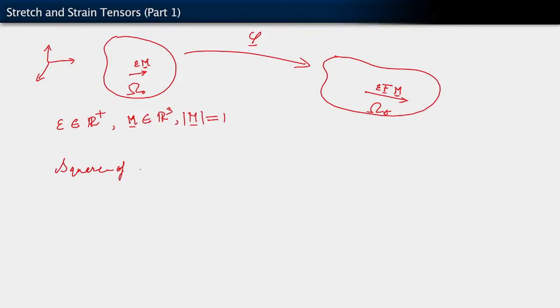We could call it the magnitude, or we could also use the term I've been using today, the square of the Euclidean norm of epsilon m after deformation.